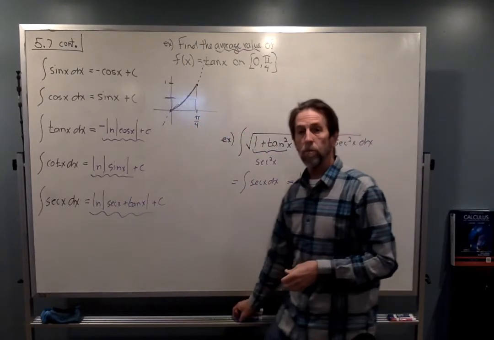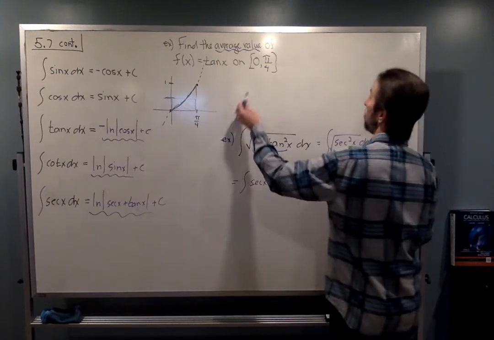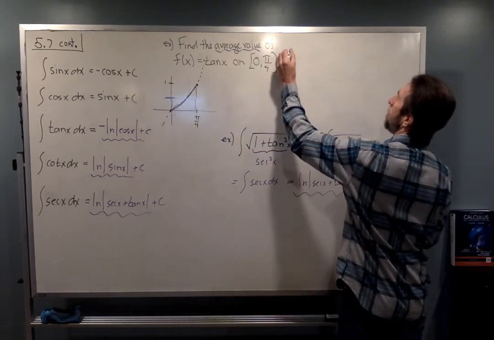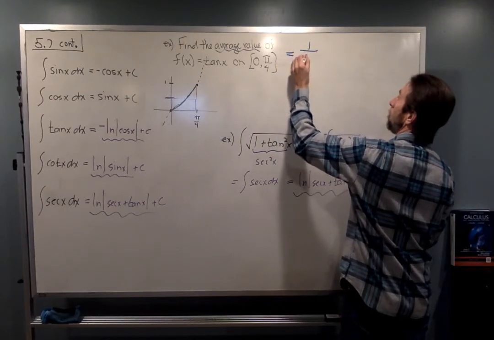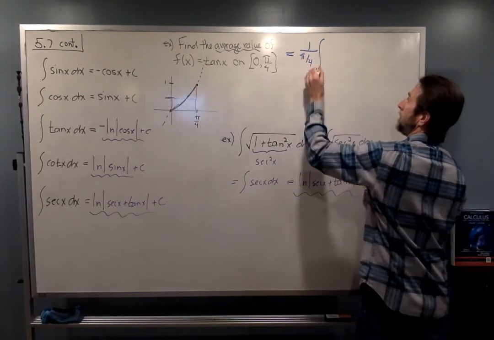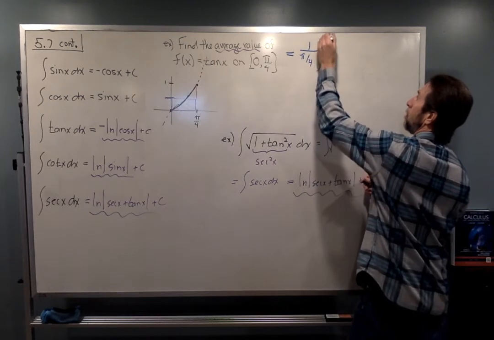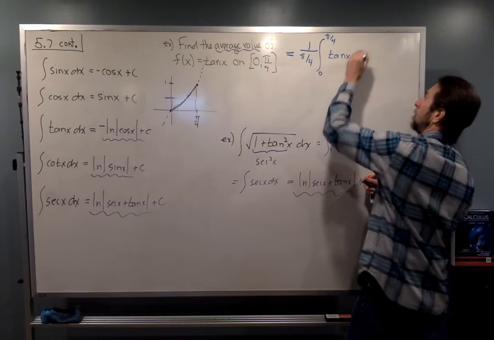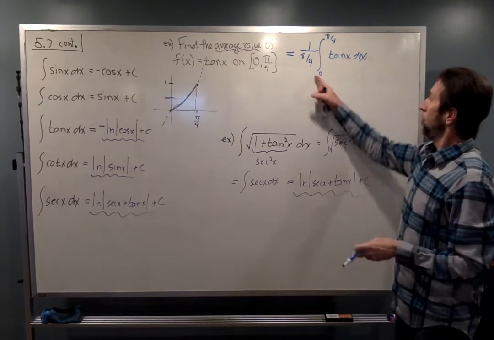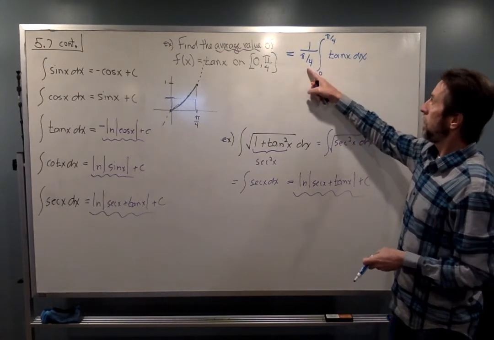So if I write it in terms of a formula, this is what the average value would be. Average value would equal 1 over pi over 4 times the integral from 0 to pi over 4 of the tangent of x. Okay, so again, that's the area under the curve divided by the span.